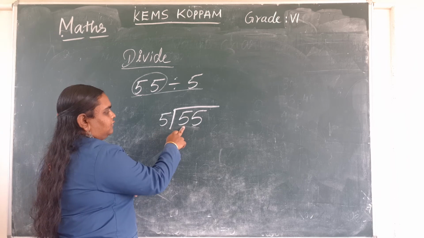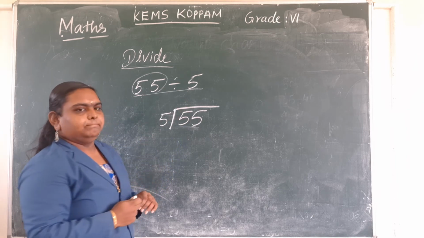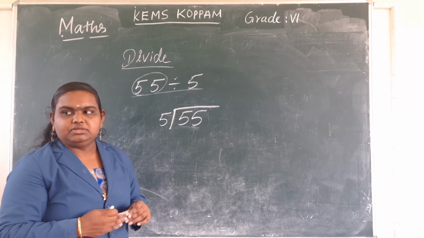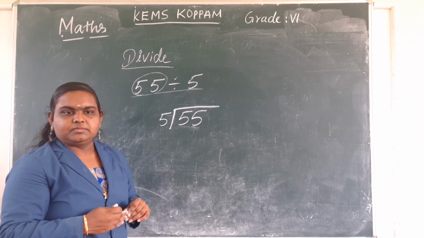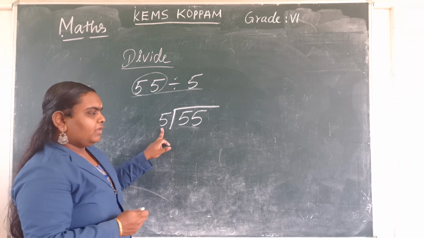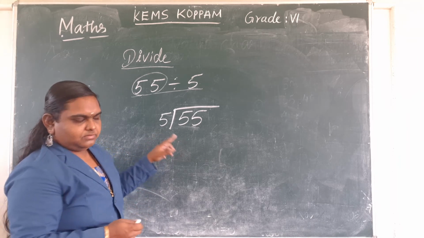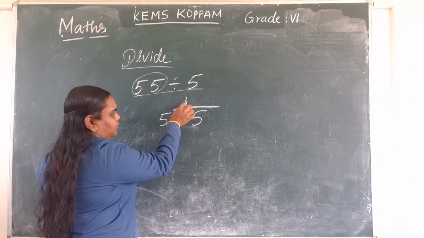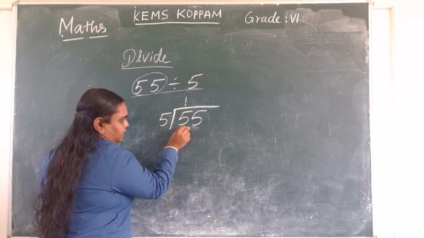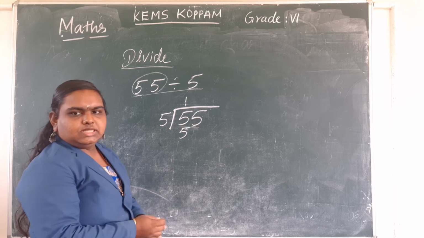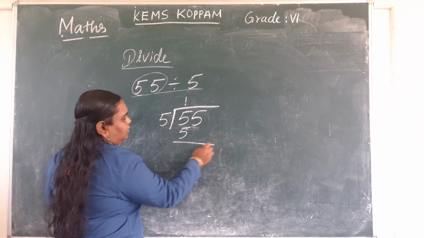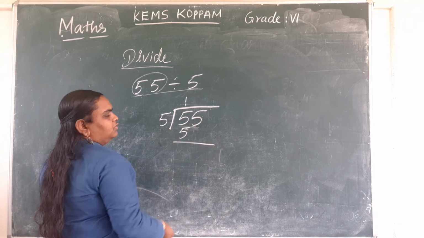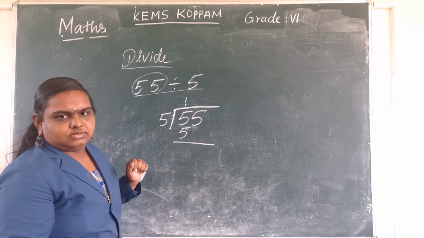When will 5 come in the multiplication table? Yes, 1 five is 5. So we have to write 1 five is 5. Isn't it? So 5, you have to subtract.